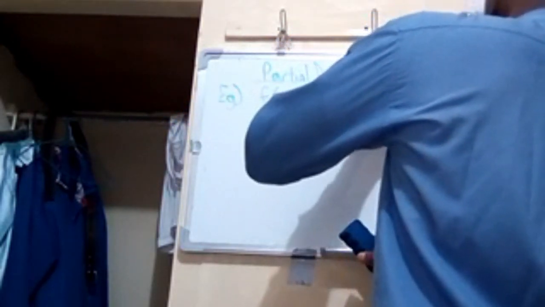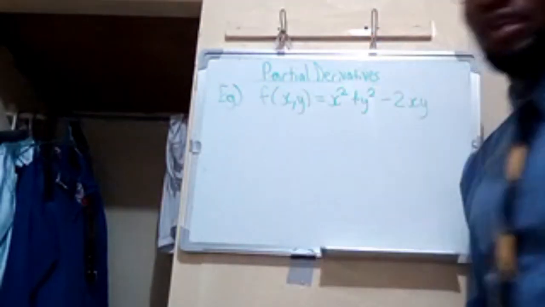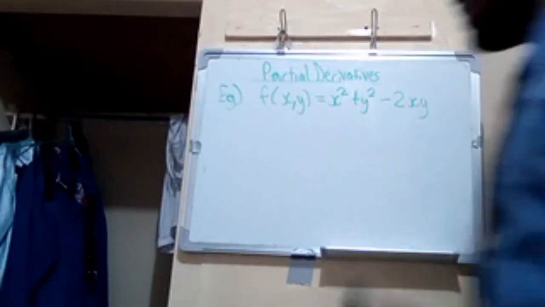Example: f of xy is equal to x squared plus y squared minus 2xy. I'm going to find all the partial derivatives.